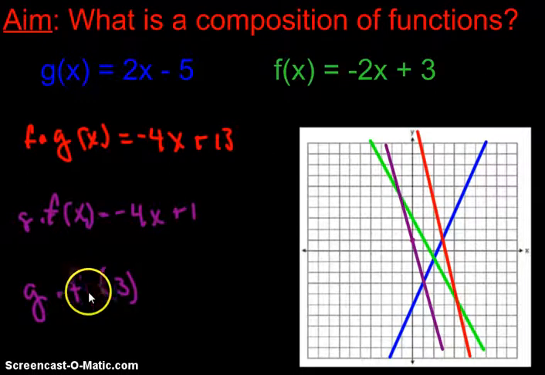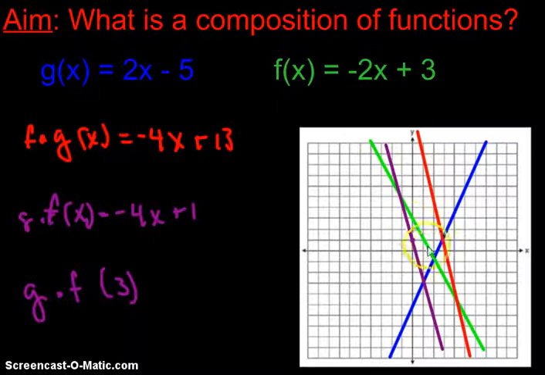That means we can either just look at where the value of 3 is on the purple line, or we can look at the value of 3 on the green line, and based on that value, look at the value on the blue line. So f of 3 is here at negative 2. Is that right? Did I plot that line wrong?